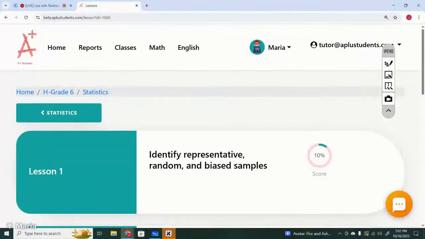Here I am on grade 6 math. The chapter we are on right now is statistics. Let's just start with the first lesson, that is identify representative, random and biased samples.